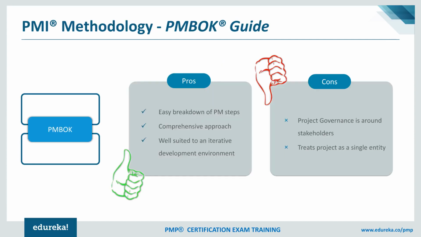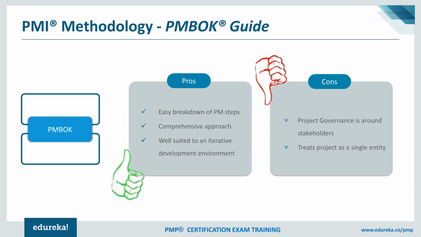The advantage with PMBOK is an easy breakdown of project management steps. I would be able to apply the PMBOK guide and easily break down the project into various phases, then phases into activities, activities into tasks. I'll be able to create the work breakdown structure, etc. Those are the advantages because it's very nicely covered. It's a comprehensive approach.